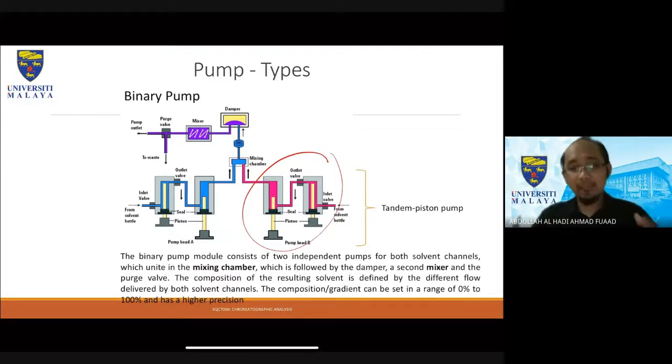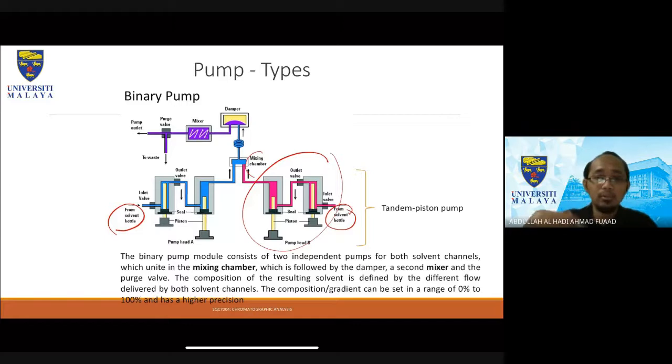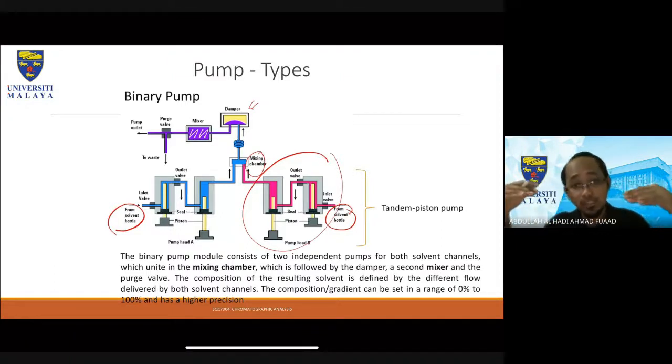Each pump can take in its own solvent, so you have a solvent bottle colored in red, and another in blue. Then it's mixed. You have a pump with a mixing chamber, and it will flow through a damper. This damper makes sure the pressure is roughly consistent.